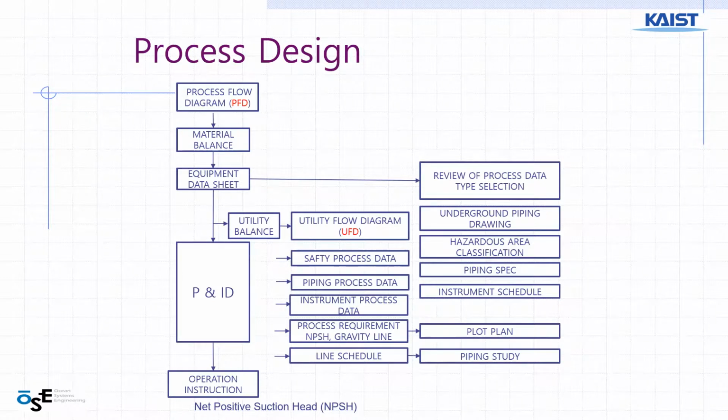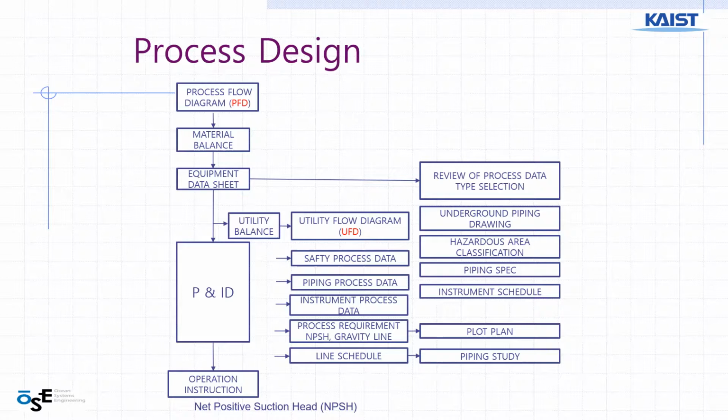And material balance for chemical reactions and energy balance. And then finally they get the equipment data sheet. How many pumps, how many valves, and also heating coils and other things. It is determined based on the process flow diagram. And then they can start to draw a drawing called P&ID.